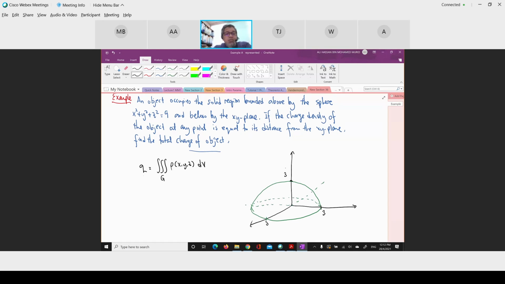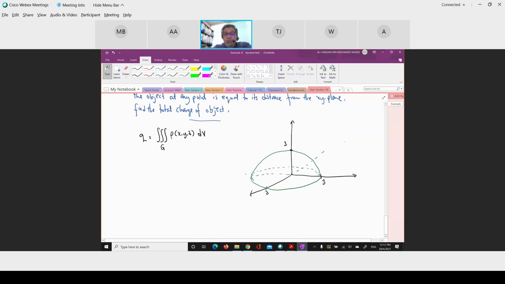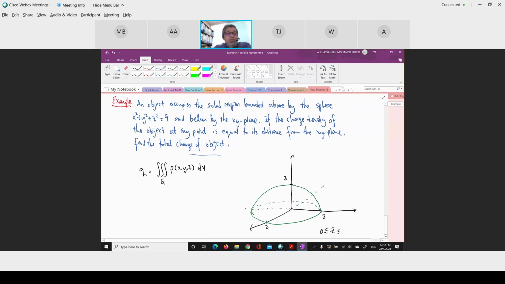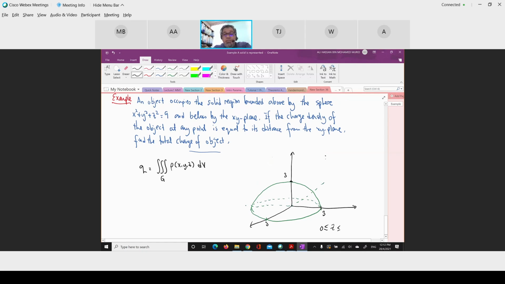What is the charge density? So we know that z is bounded below by the xy plane, which is z equal to 0. And what is the top hemisphere? It is x squared plus y squared plus z squared equal to 9.